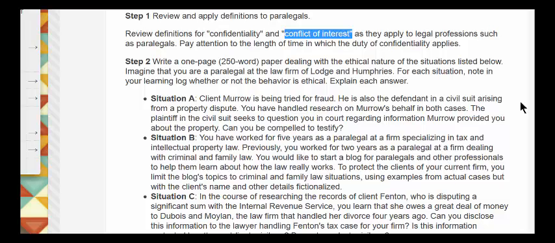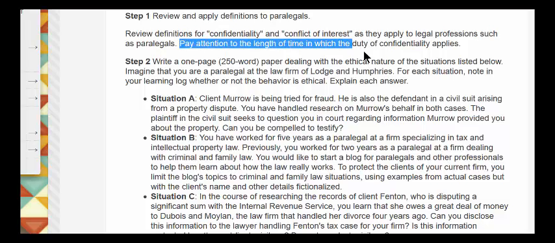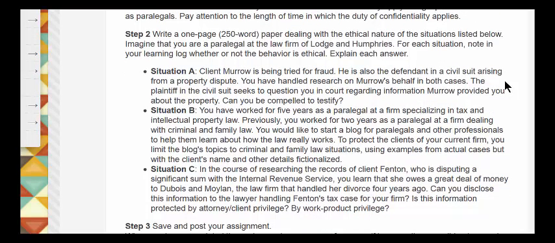And it's also giving you a hint. One of the scenarios is going to be a length of time issue, so perhaps the duty no longer applies. Anyway, for each of these things, particularly with ethics, you're going to read the fact scenario and write your written response.